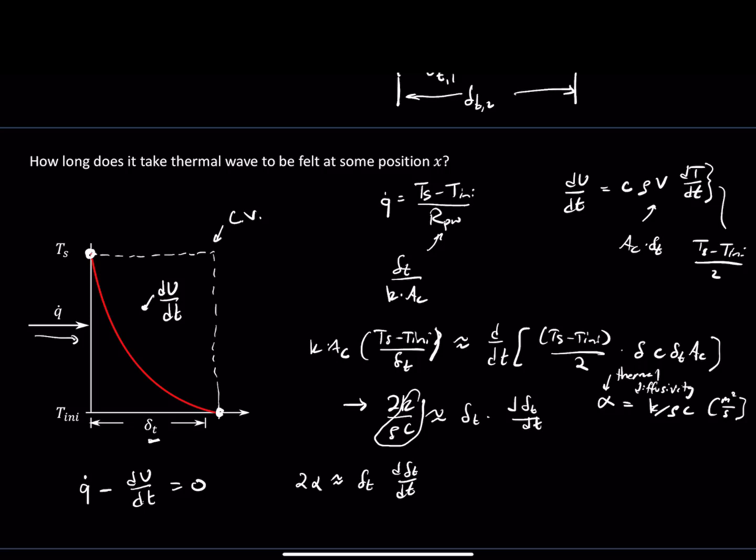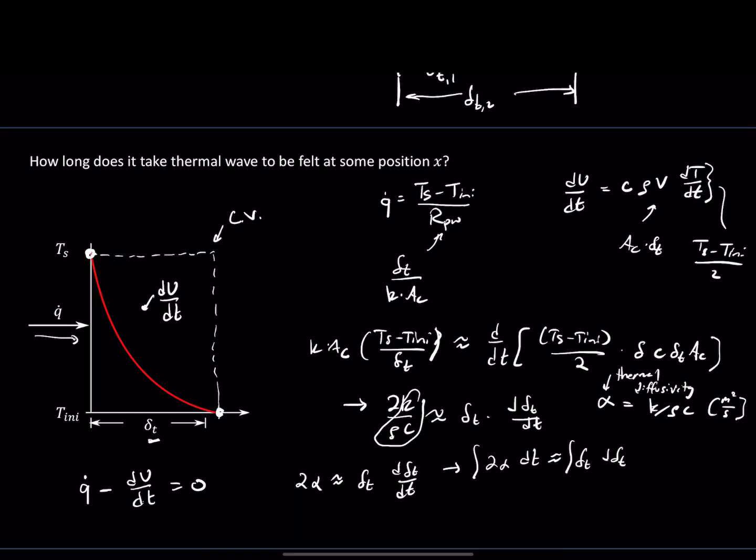This is a separable ODE, right, first of all. So we've just developed a differential equation in terms of delta T, which is good because we're trying to find some relationship that involves delta T. So we can bring the dt over to the left-hand side and then separate things out. This becomes 2 alpha dt is approximately equal to delta T d delta T. So I can integrate both of these sides, right?